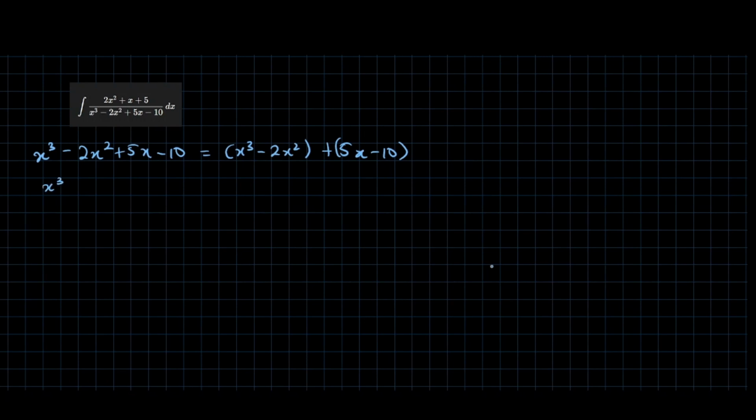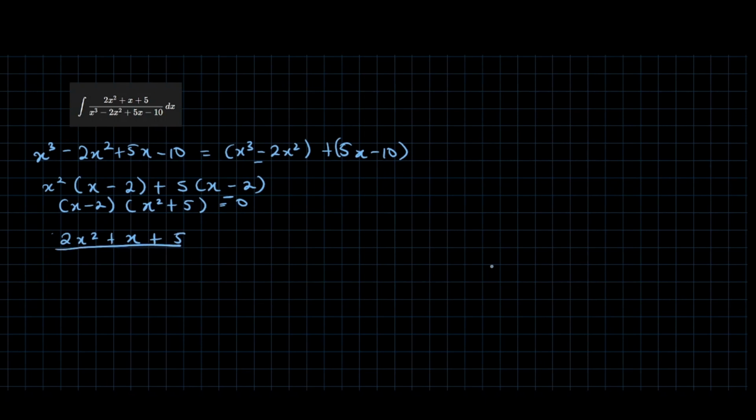Factoring, it's going to be x squared times (x minus 2) plus 5(x minus 2). So now it's just going to be (x minus 2)(x squared plus 5). This is your answer. So now we can write the integrand as 2x squared plus x plus 5 all over (x minus 2)(x squared plus 5).